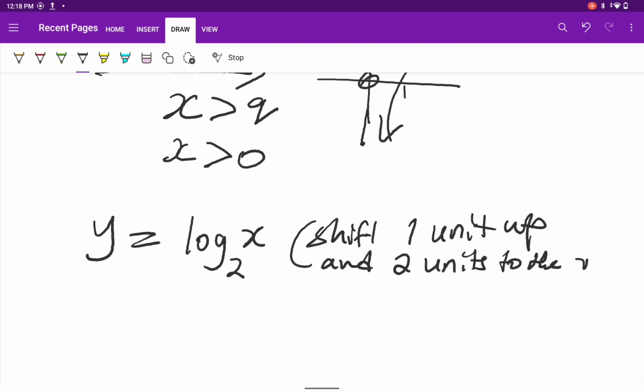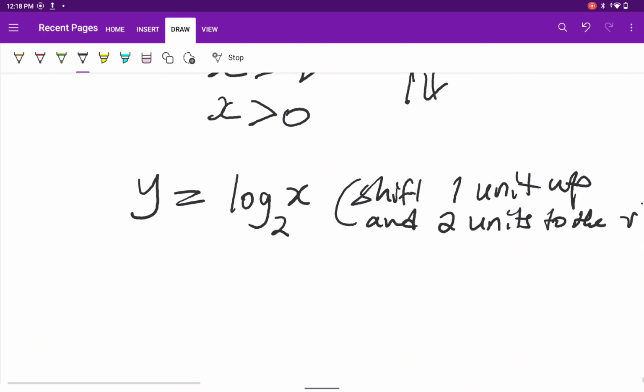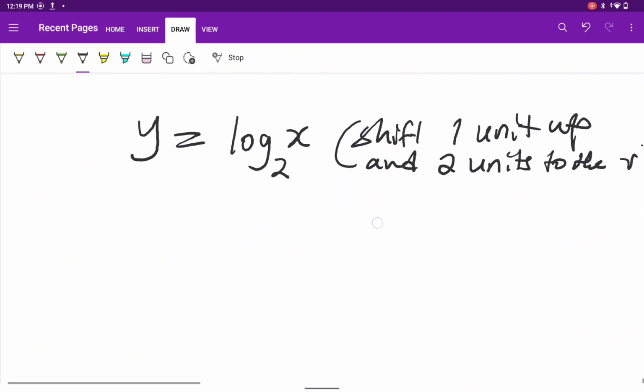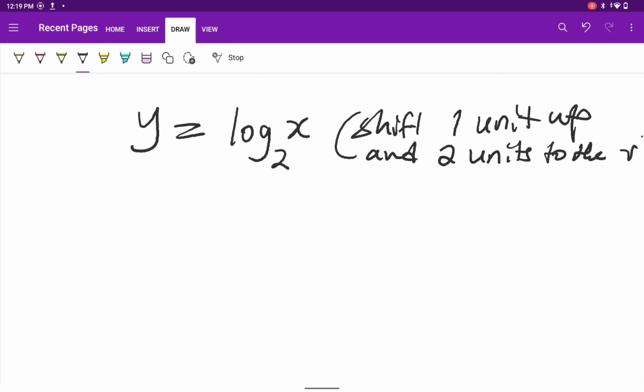Let's see what the equation will look like. We'll have y equals log x base 2. Up and down, we just go 1 unit up, so we add 1 to the whole thing.